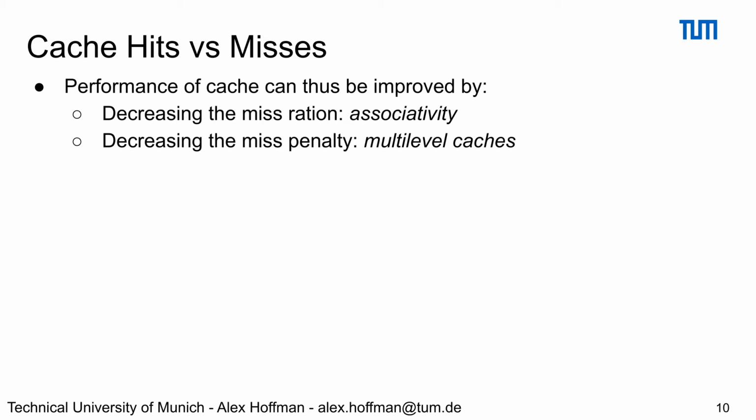And so therefore, the sort of things that we want to strive for when it comes to writing programs, or more so for compilers and these parts of the software, is to optimize to decrease the amount of misses that we get. The most common way of doing this on a software level is using associativity.